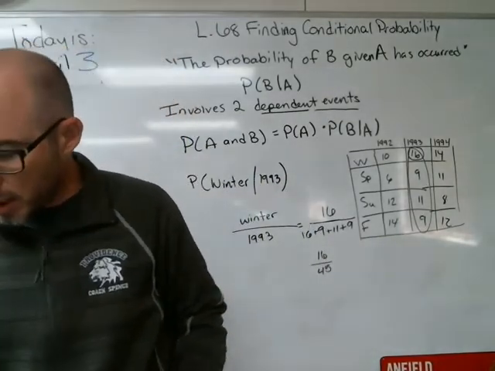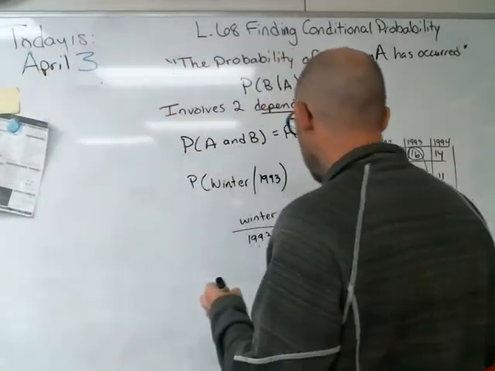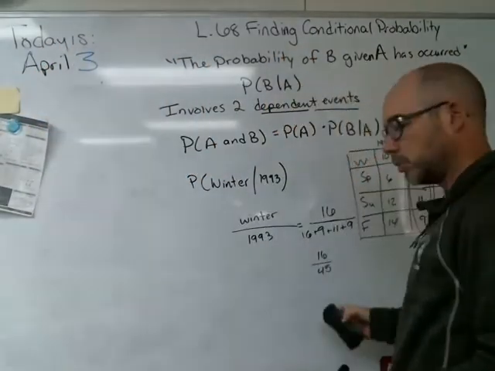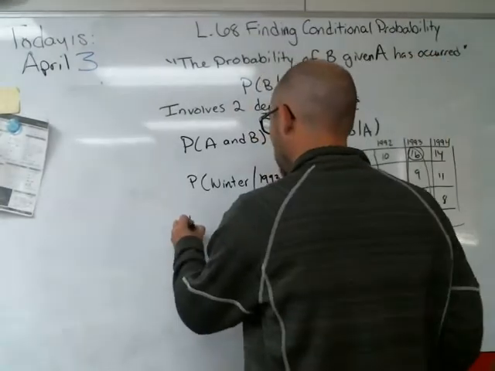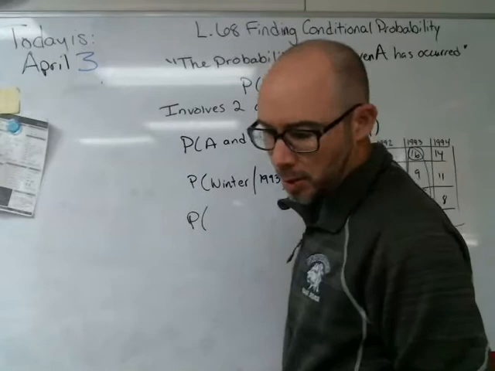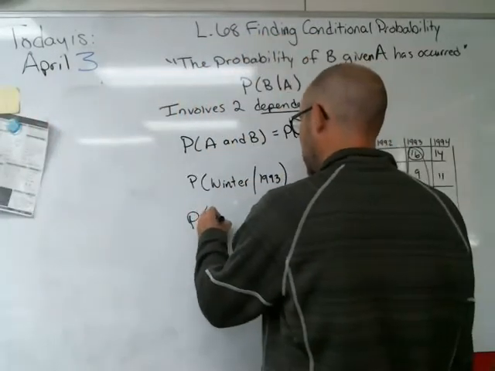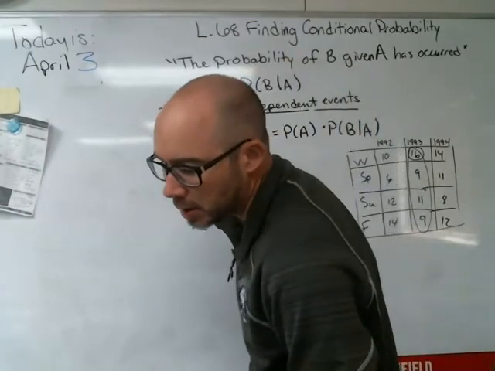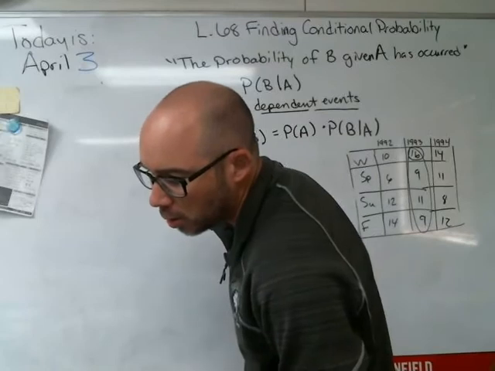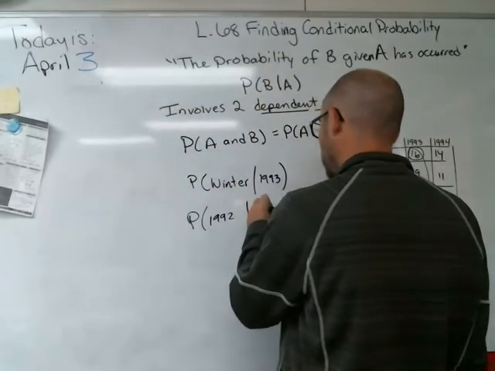The second one is flipped around, and now they say for part 2, you're going to get that. Now we're giving the probability that you're born in 1992 given that your birthday is in the spring or summer.